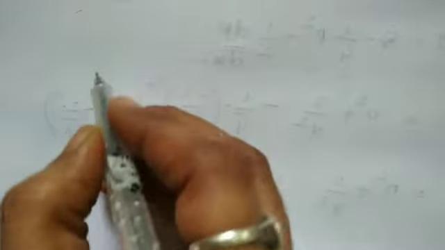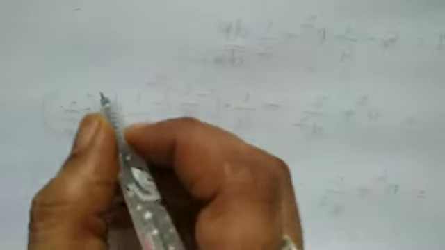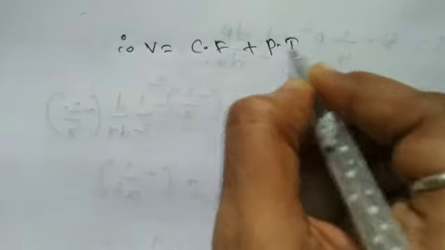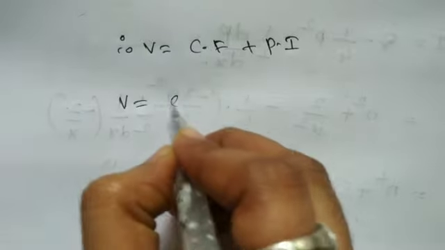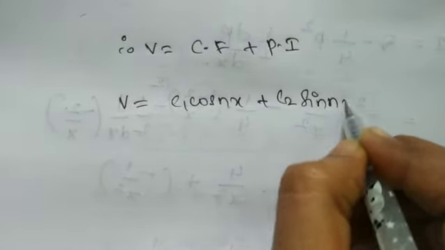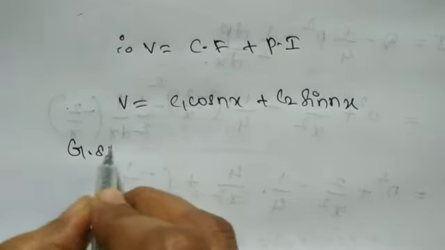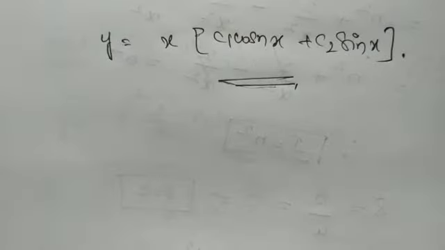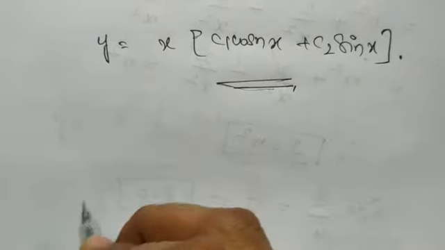Here q of x value is 0, so there is no need to find the particular integral value, that is 0. So therefore v equals complementary function plus particular integral, then v equals c1 cos nx plus c2 sin nx. So therefore the general solution of the given problem is y equal to uv. Therefore y equals x into c1 cos nx plus c2 sin nx.